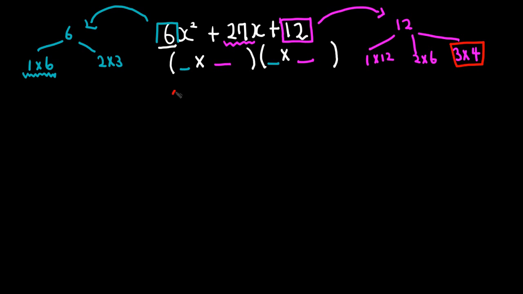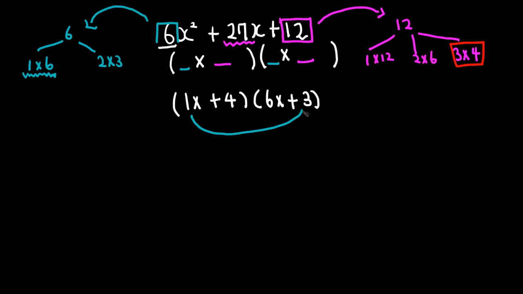At first, if we input 3 and 4, it is going to be (1x plus 4) times (6x plus 3), and 1x times 3 is 3x.